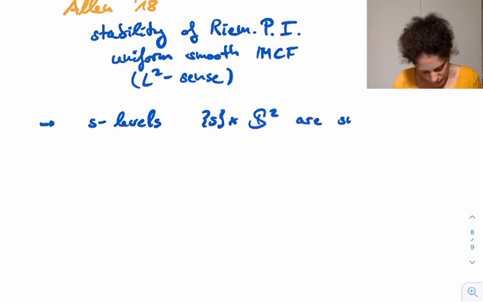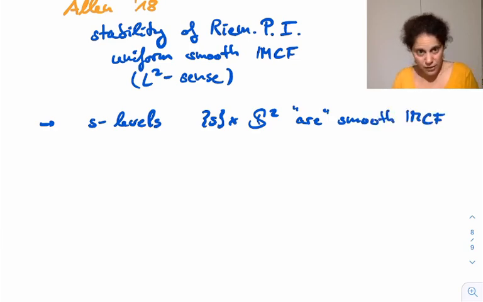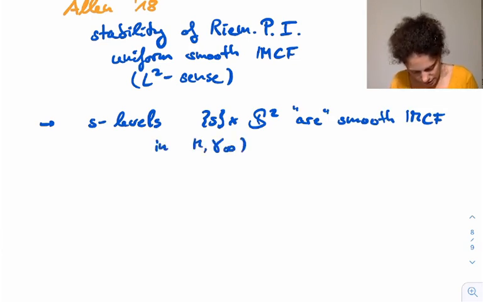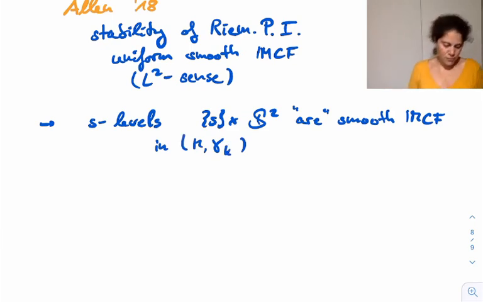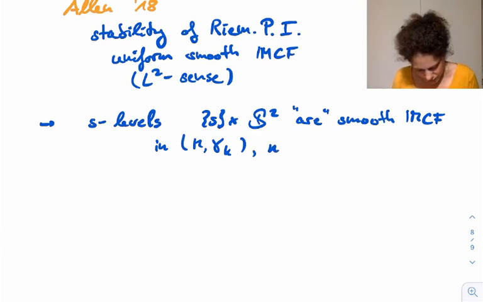Smooth inverse mean curvature flow in gamma k. But they're not uniform. Not uniform in k.